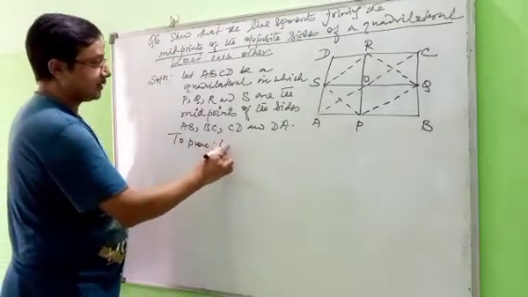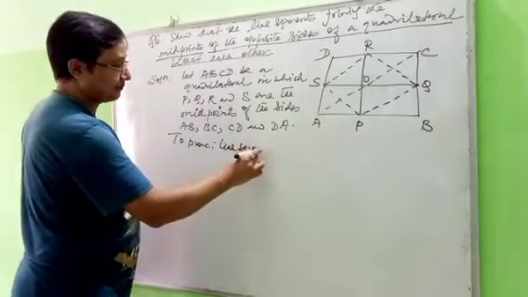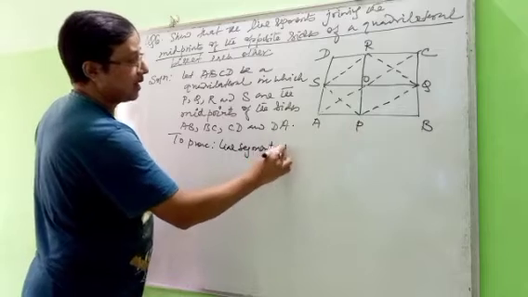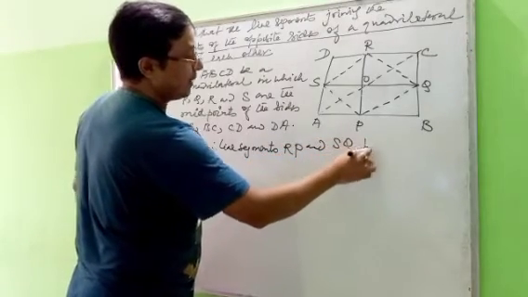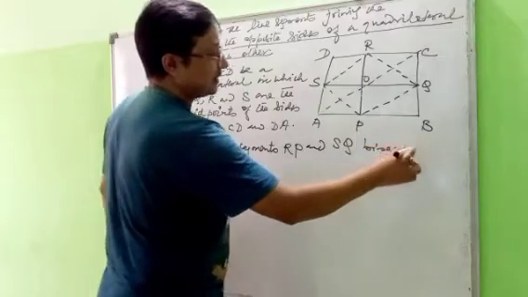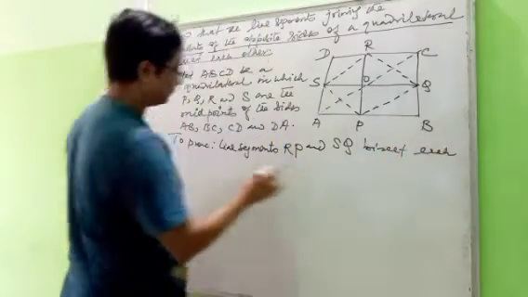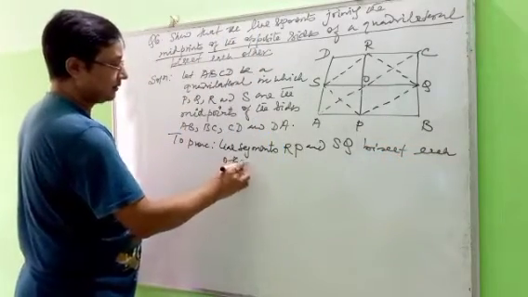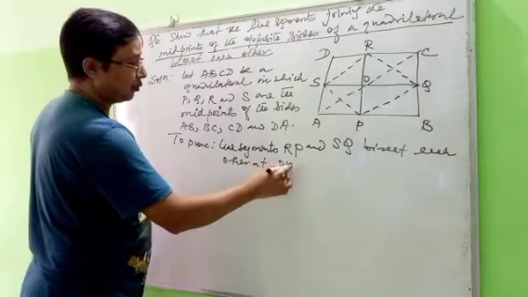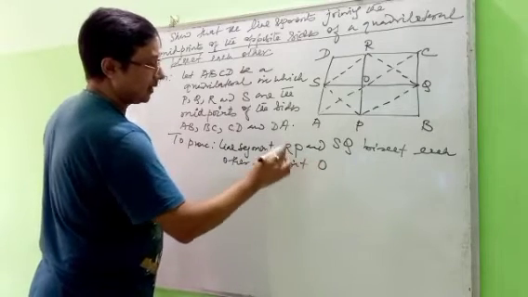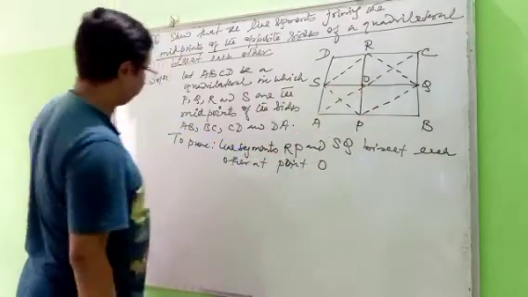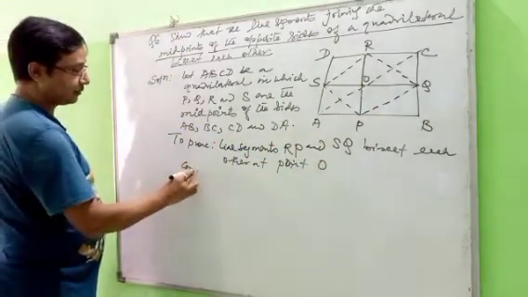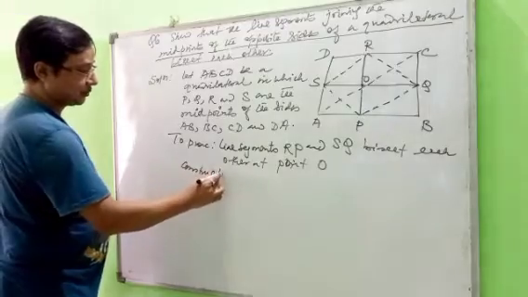So the line segments RP and SQ bisect each other at point O. So this is point O. Now here comes the construction.